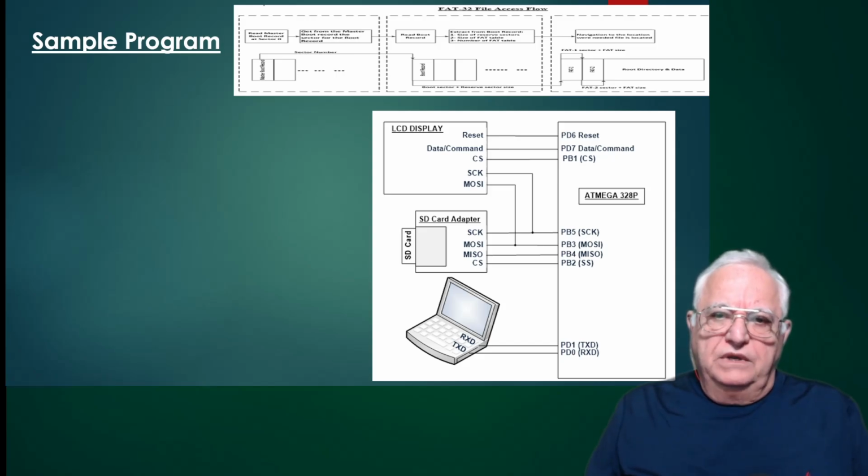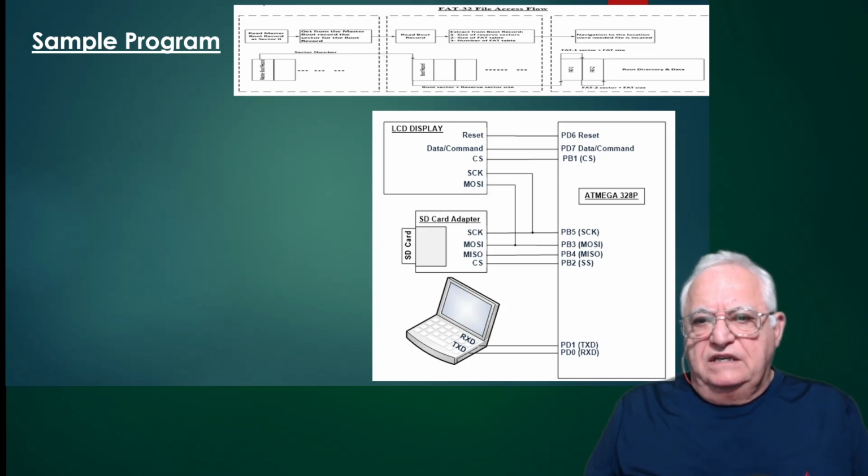They are going to share the clock and the MOSI, and basically they share all the elements of the SPI except for the chip select. They have separate chip selects.